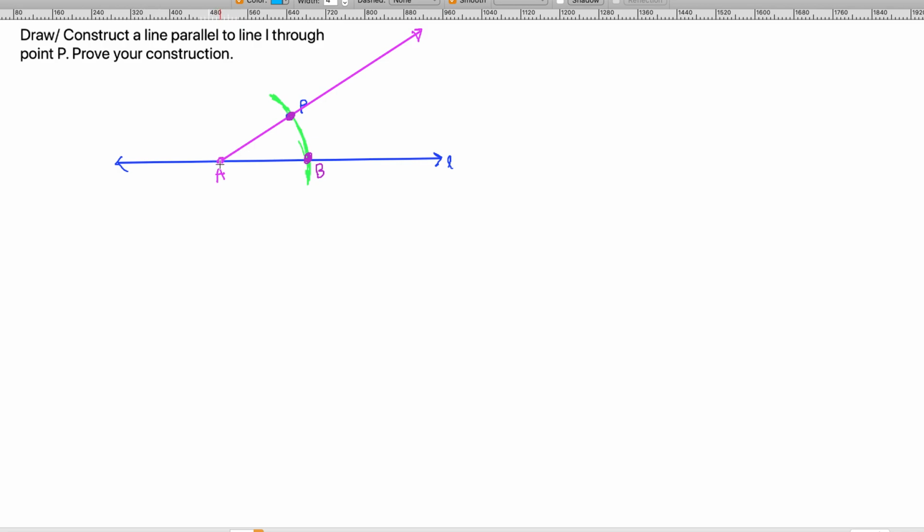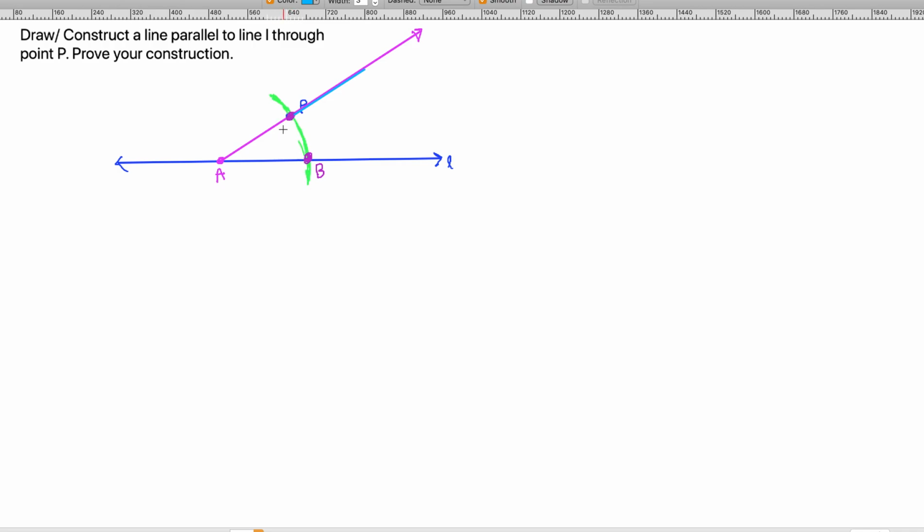I actually do have a line, so I'm going to use this. I'm going to measure AP, and then I'm just going to move that line over so I have some accuracy here. And now I have this here. Again, you've already drawn this green arc.